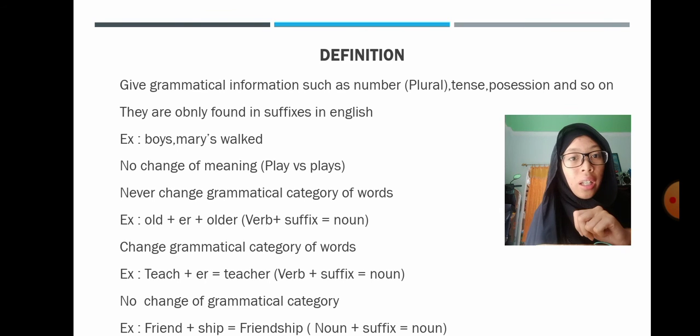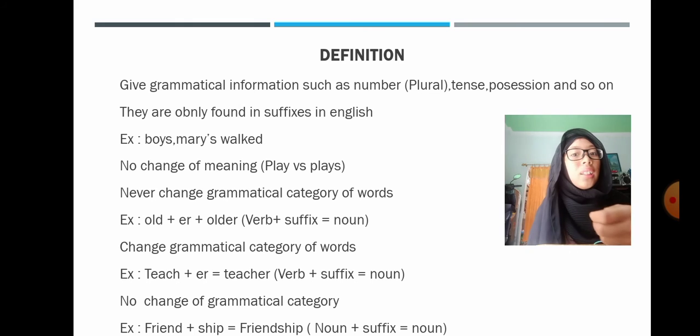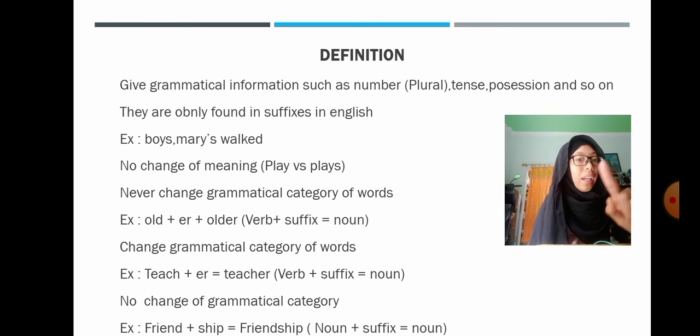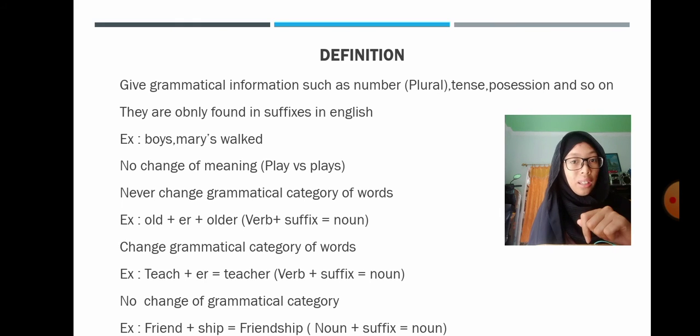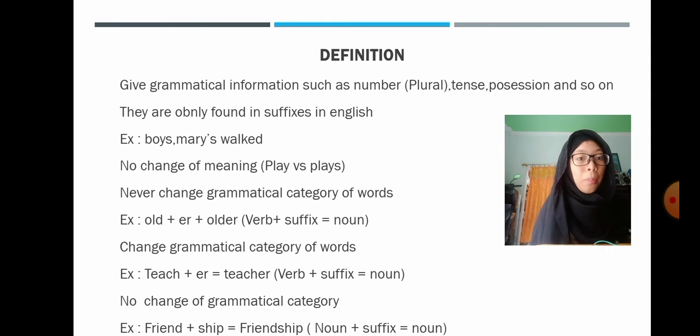And they are only found as suffixes in English. For example, boys, marries, walked. Marries has the suffix s. There is no change of meaning. For example, play versus plays.